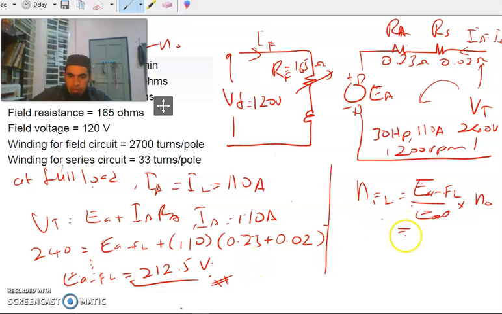Okay, EA full load is 212.5 divided by EA naught, which we calculated just now, which is 210, and N naught is 1200. So speed at full load is calculated as 1214.29 RPM.